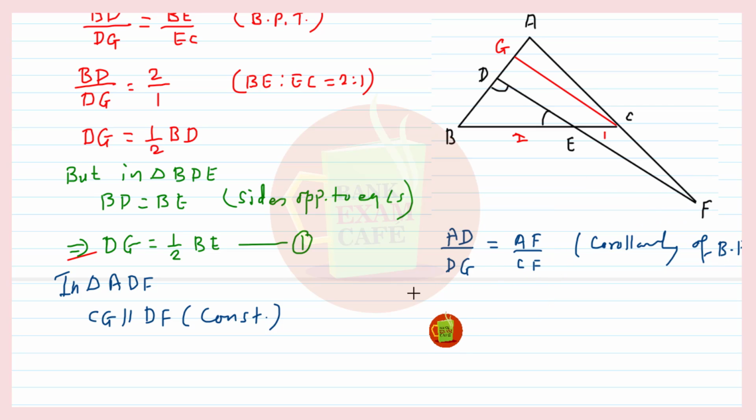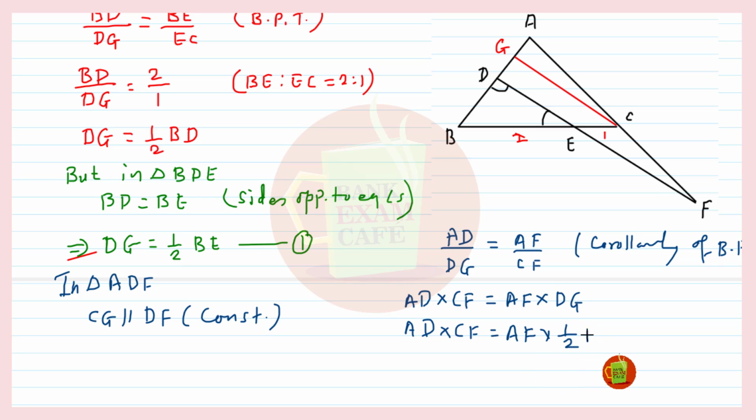Now here we will cross multiply. So AD multiplied by CF is equal to AF multiplied by DG. Correct? Now if you look here, we got DG is equal to half of BE. We can replace here. So AD multiplied by CF is equal to AF multiplied by half of BE.